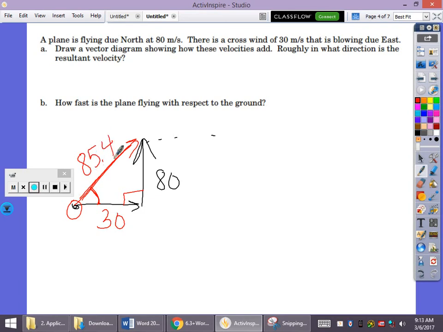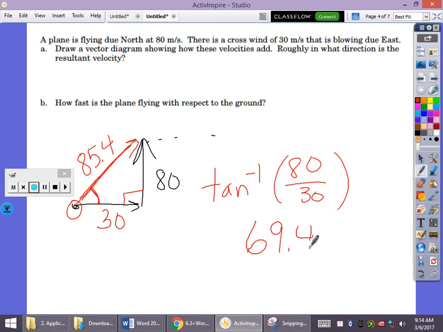Okay, then I'm going to use tan inverse of 80 over 30, which gives me how many degrees for the resultant vector? 69.4 degrees in which direction? Northeast.